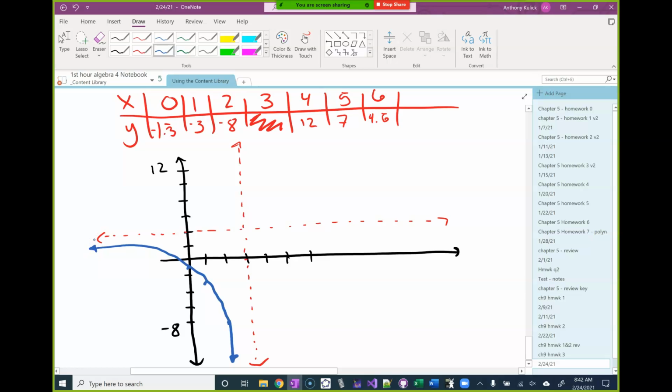And then the other one, 4, 12, 5 and 7, and 6 and, oh goodness gracious, I'm so stupid. I put that at 4, not at 2.